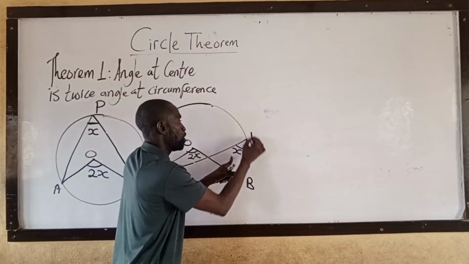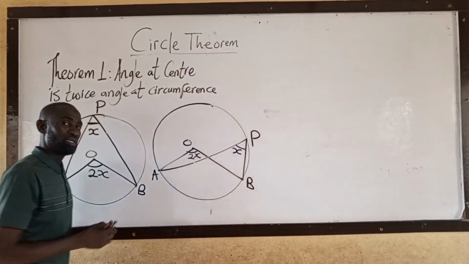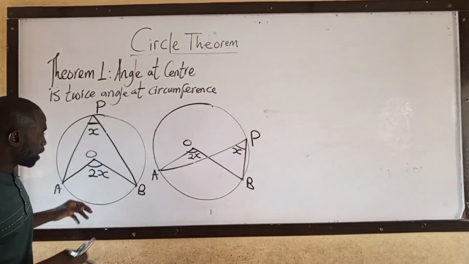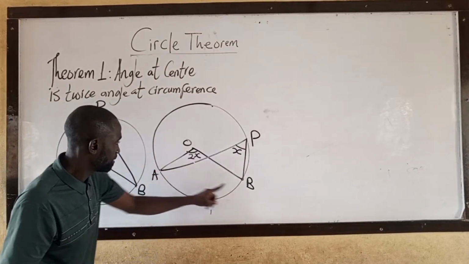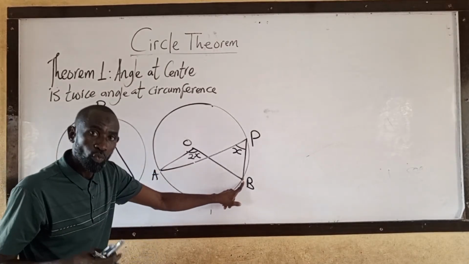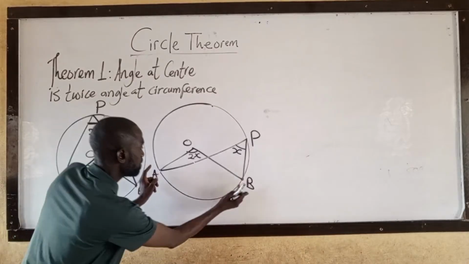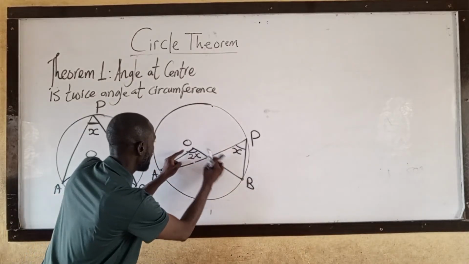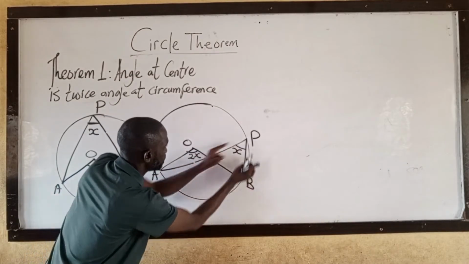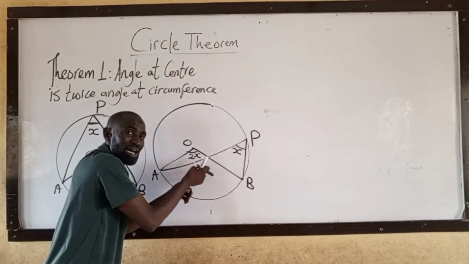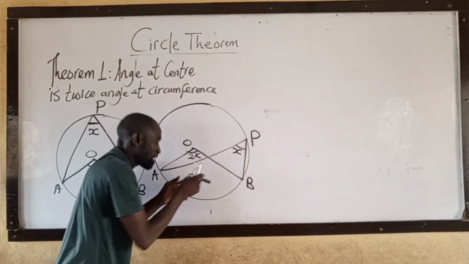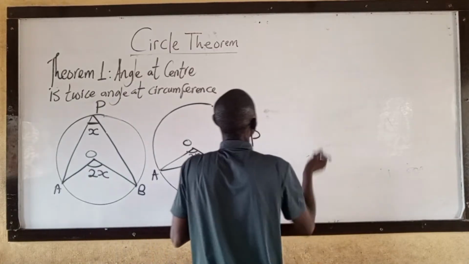This one is point P. Okay? Your job, like I told you, is just to get the 2 points that form an arc and see the way they travel. They travel to the center here, and come back to travel to the circumference. So angle at center is twice angle at circumference. Now we can equally have it like this.